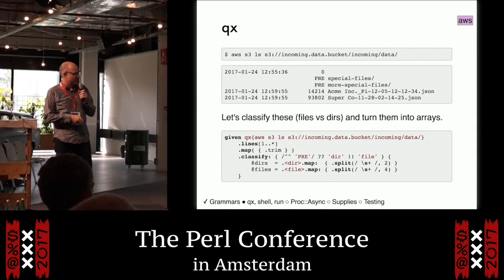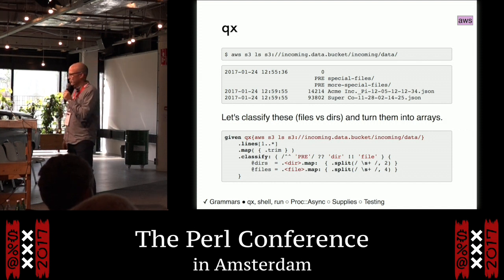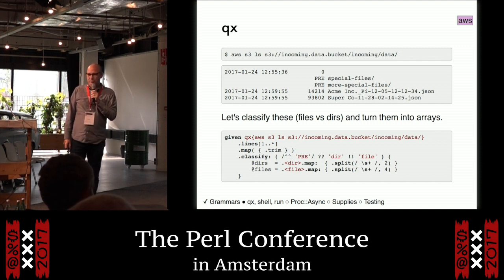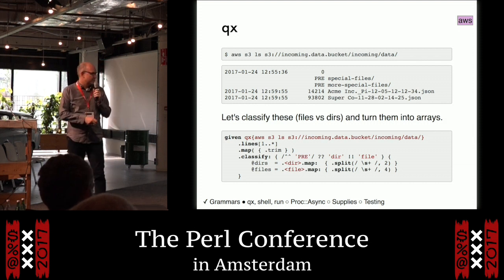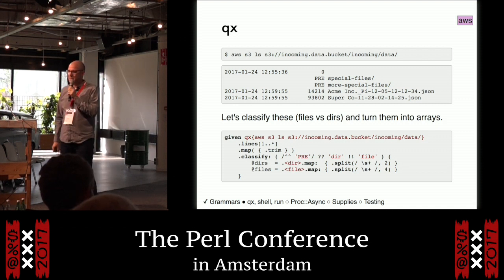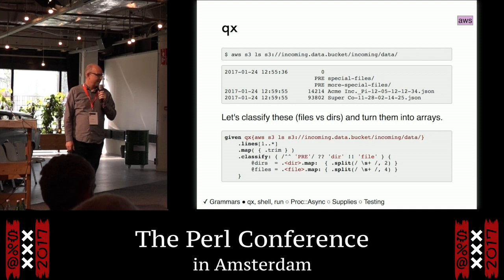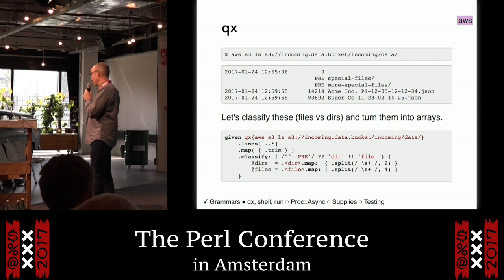So the classify line here, you can see takes the ternary operator, and if it matches pre, then it returns dir, otherwise it returns file. So then we have a little extra stuff at the top here where we're running our QX, skipping the first one, trimming some white space. And then we use the given to topicalize it, so put it all into $_.